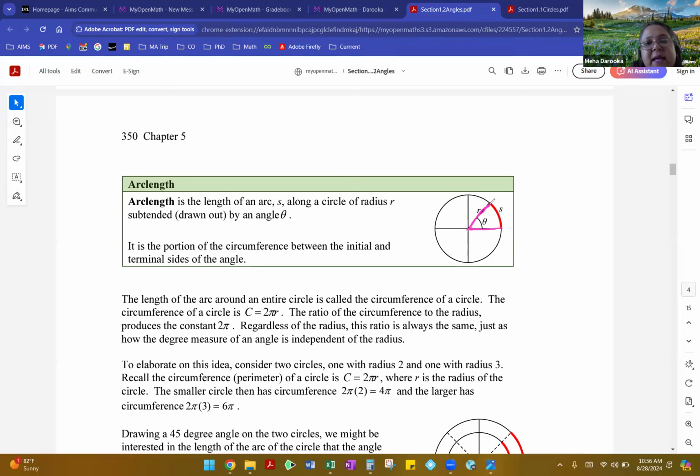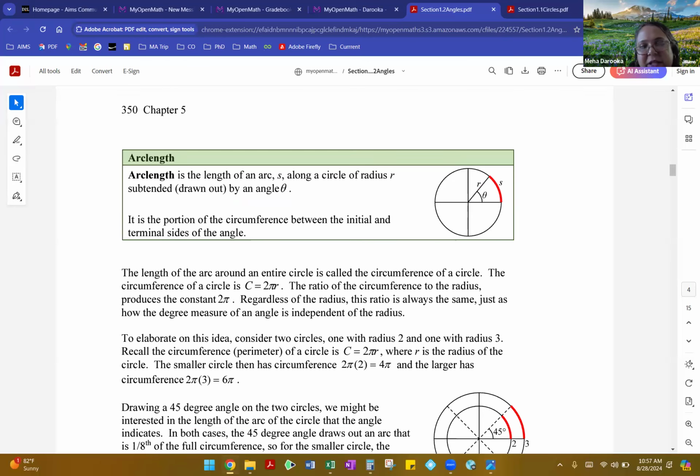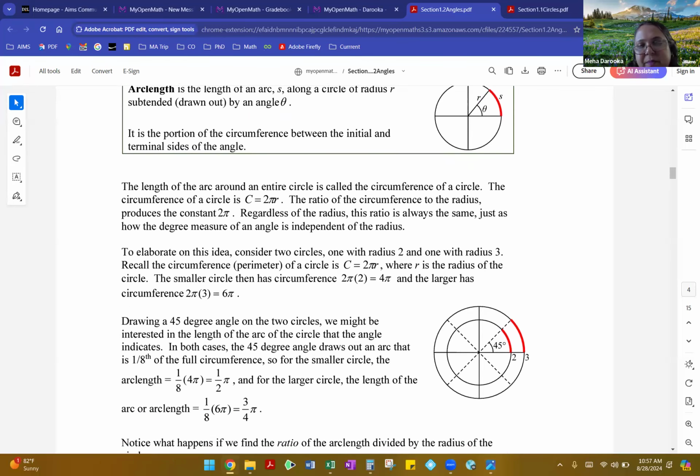They're calling it the length of an arc s along the circle of radius r, which is subtended or drawn out by an angle theta. Like I said, think of it as the initial and the terminal sides of your angle. And then wherever that angle forms, the circumference of that part of the circle is what we're calling the arc. And then we're talking about arc lengths over here. Now, this is where we get a little bit into the calculation part, guys. So just bear along with me.